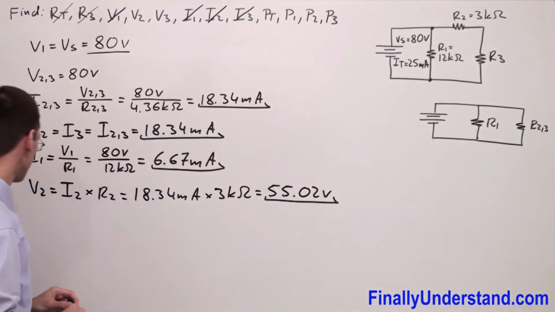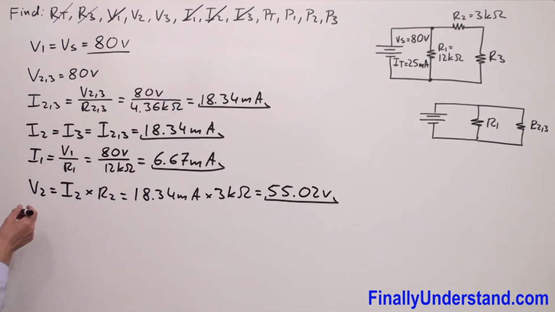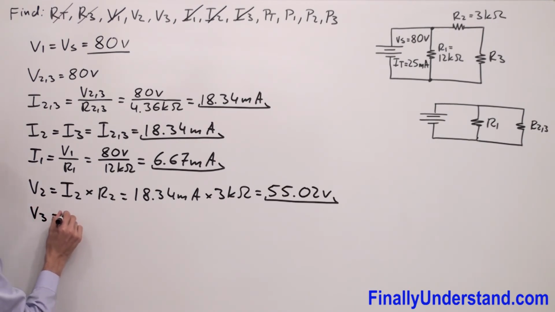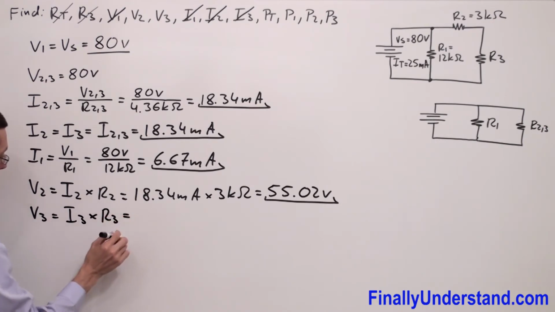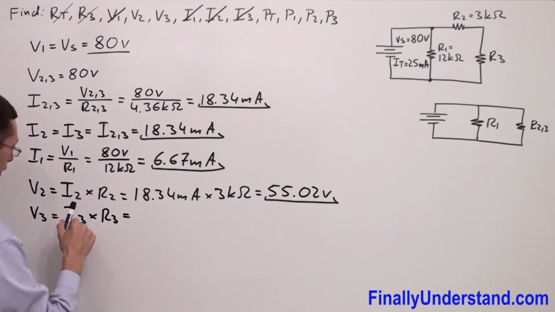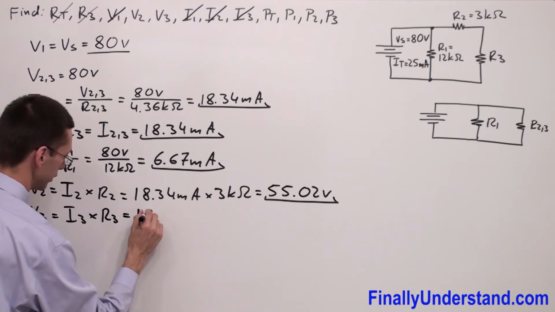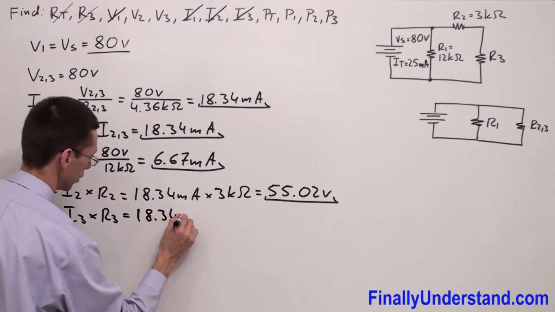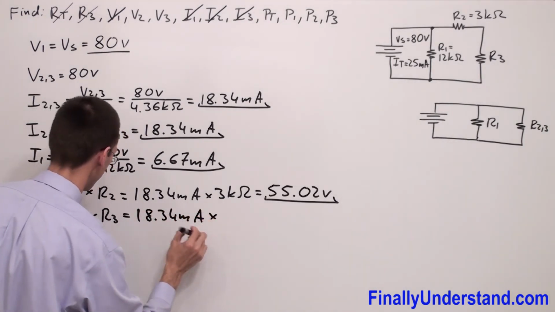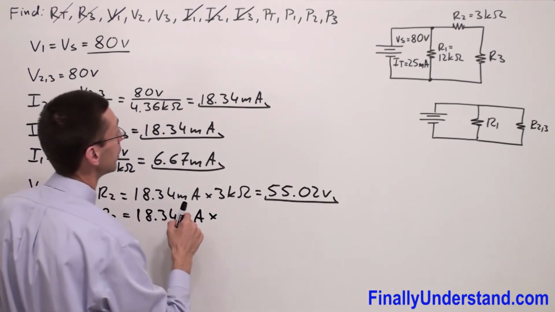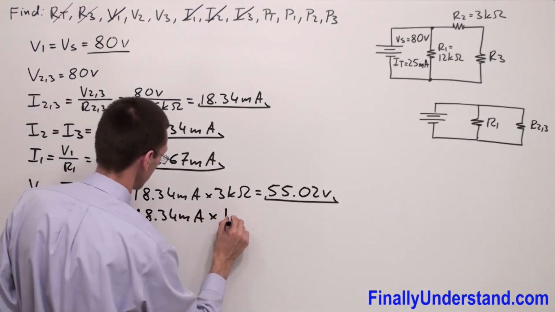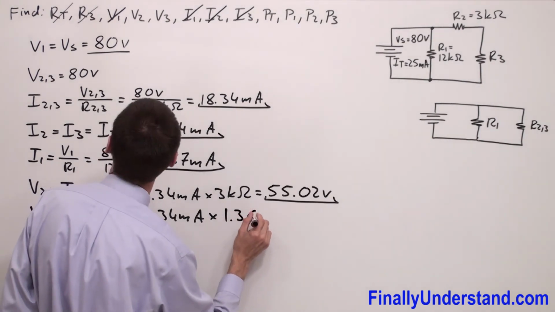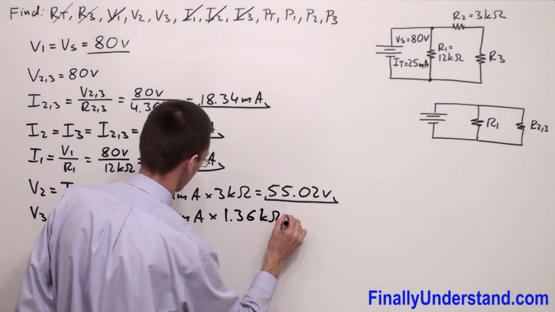Next, I'm going to find the voltage across resistor R3. So V3 is equal to I3 times R3. I3 is equal to I2, 18.34 milliamps, times R3, which is equal, we found, 1.36 kiloohms.